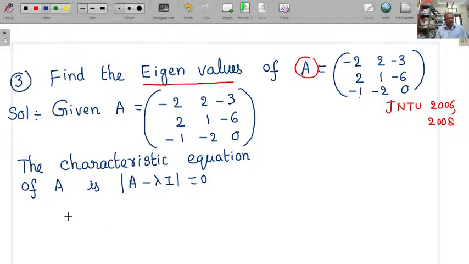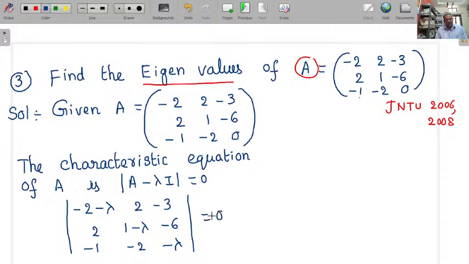So that we get the determinant of minus 2 minus lambda, 2, negative 3; 2, 1 minus lambda, negative 6; negative 1, negative 2, 0 minus lambda, which is negative lambda. So determinant equals 0. Clear? I hope it's very clear now. So now you are able to write this one now.